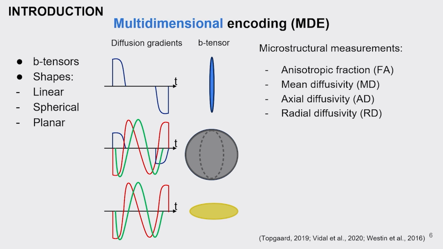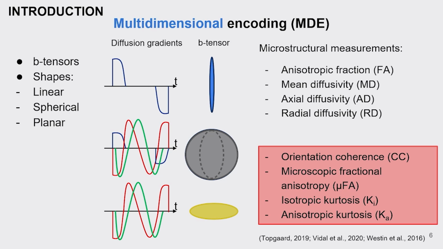On the other hand, thanks to b-tensor encoding, through Q-space trajectory imaging, you can obtain new metrics such as CC, which is sensitive to the orientational coherence; micro-FA, which is sensitive to the microstructure of the analyzed tissue; KI, which reveals the heterogeneity of the diffusivities; and KA, which relates to the ensembles of the anisotropic compartments.